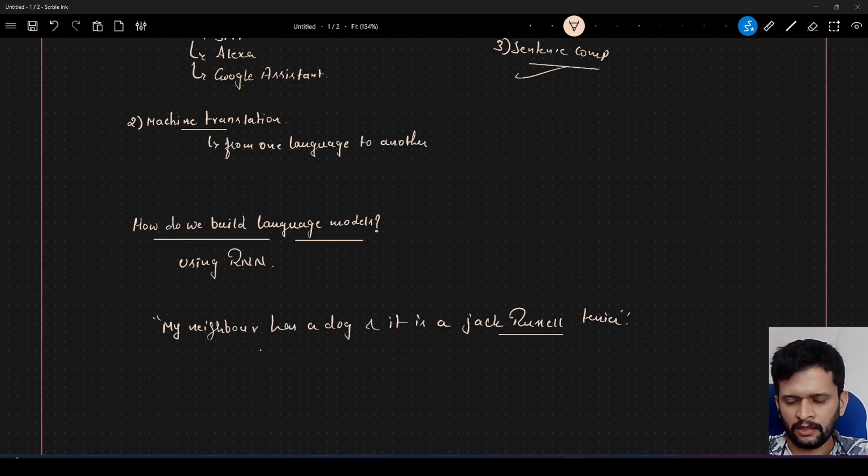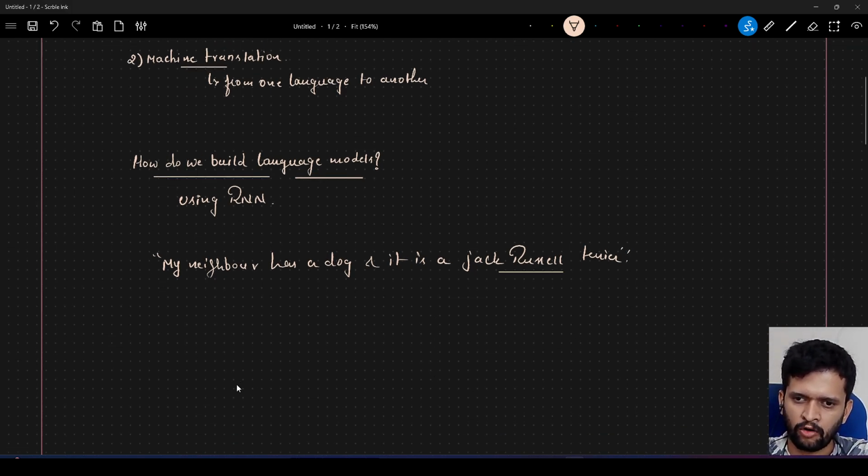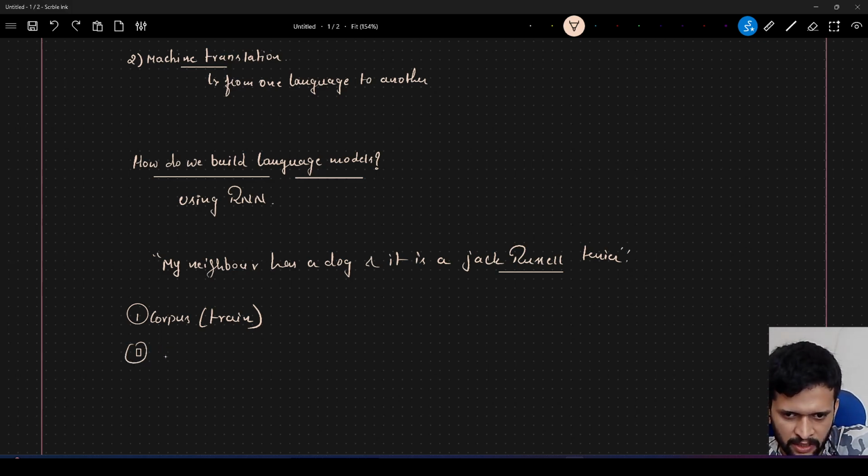If I want my language model to output this sentence when I give some inputs to it, I need to train a language model. So what are the steps for that? First, I need to have a corpus which I will make use of to train. Then I need to prepare a vocabulary.